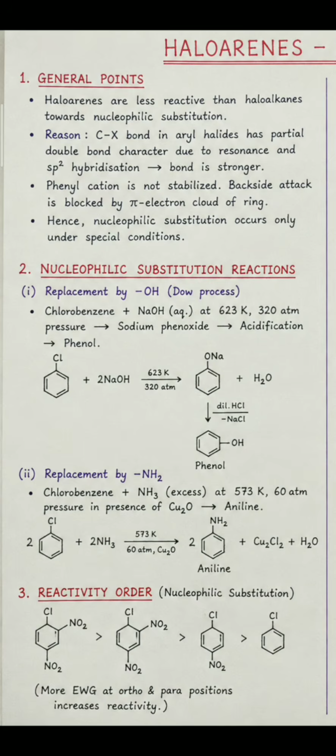Electron withdrawing group means it easily grabs the electrons, decreasing the electron density at ortho and para positions. Hence reactivity increases. And NO2 is the electron withdrawing group. So actually the first one and second one are both the same. In that, the first one is greater than the third one is greater than the fourth one.